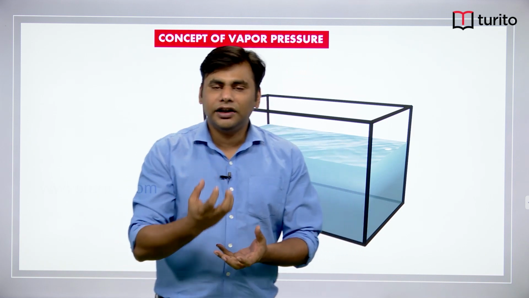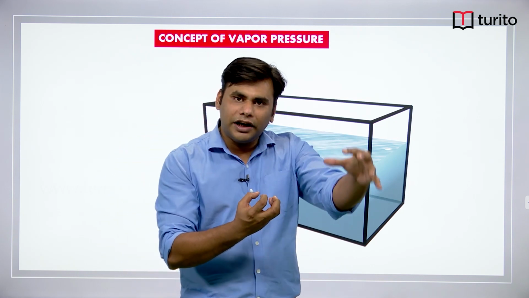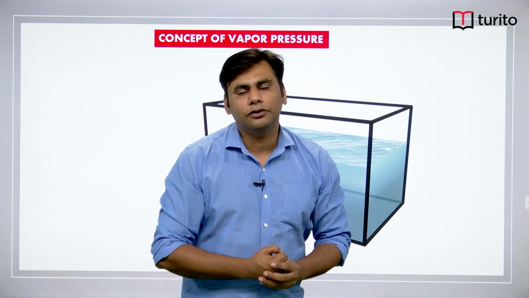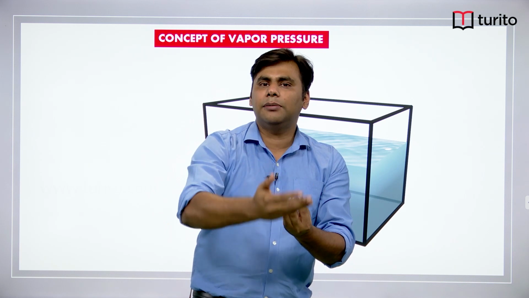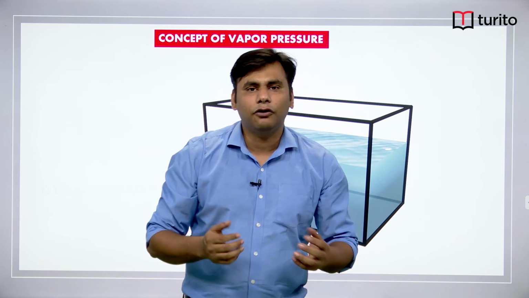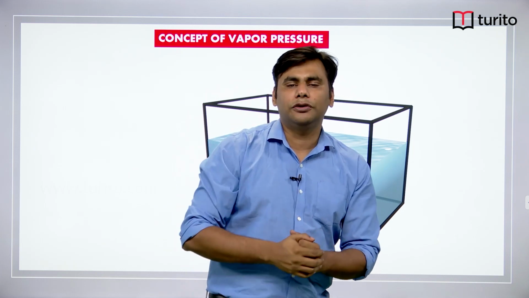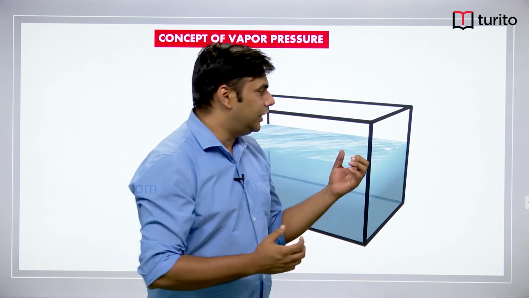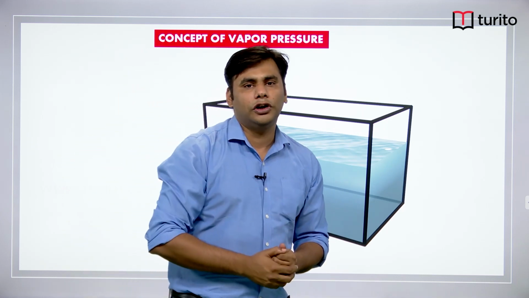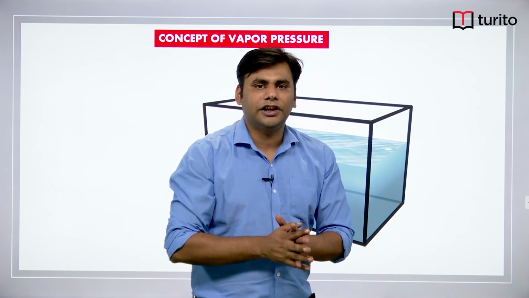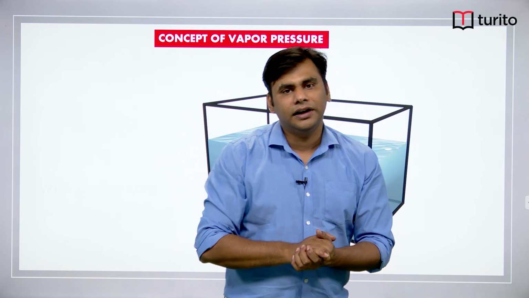A bulk molecule is surrounded symmetrically by all the other water molecules, hence the net force of attraction on it is negligible. But a surface molecule experiences only a force in the downward direction, because there are no water molecules above it; everything is below it. So the surface molecules are always under tension.